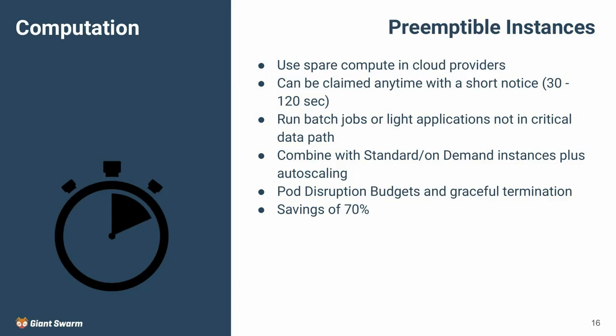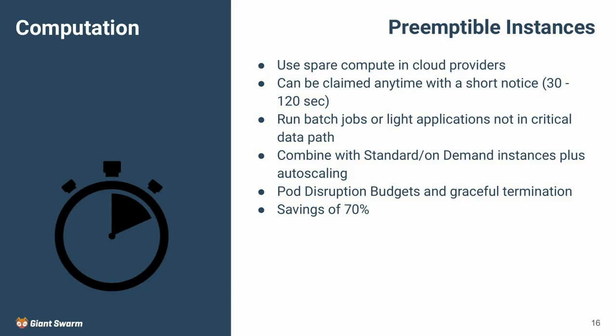The cool thing about Kubernetes is that you can combine the standard on-demand instances with these preemptible instances. And then you can set up scenarios where, if there are not enough resources available in these spot instances, you can fall back to on-demand instances, right?